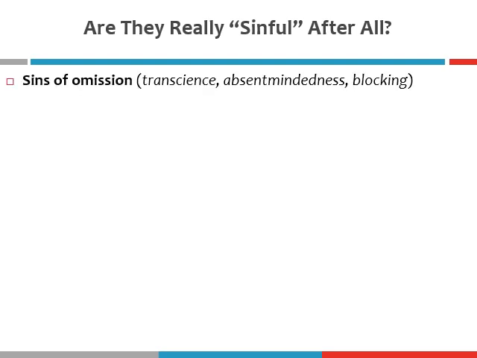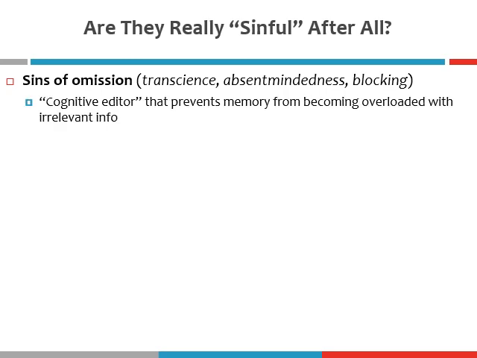Okay, so in the case of sins of omission, where we're no longer able to access a particular memory trace, or it's no longer available to us, so we forget that information, the main adaptive quality that underlies sins of omission is this: try to imagine what it might be like if they weren't there, right?